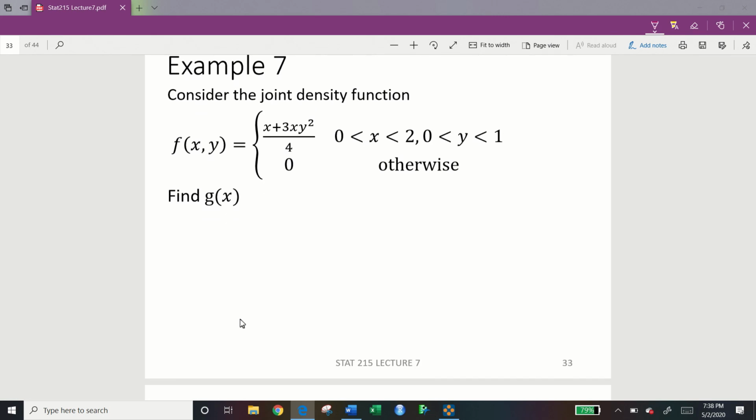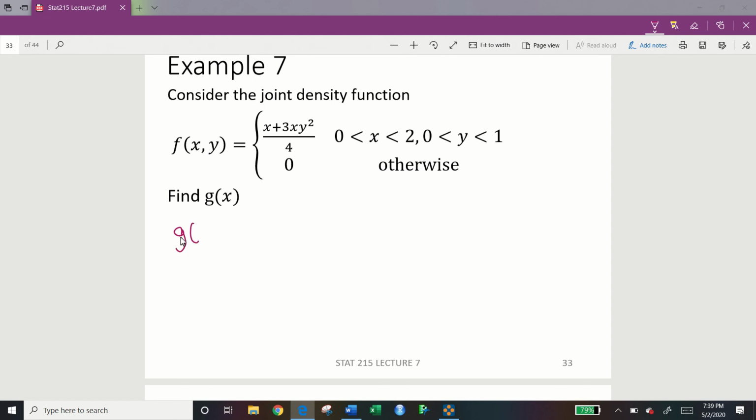We are now being asked to consider the joint density function f of x comma y equals x plus 3xy squared all over 4 on the bounds from 0 less than x less than 2 and 0 less than y less than 1. We'll let it be 0 otherwise. We'd now like to find g of x, our marginal distribution.